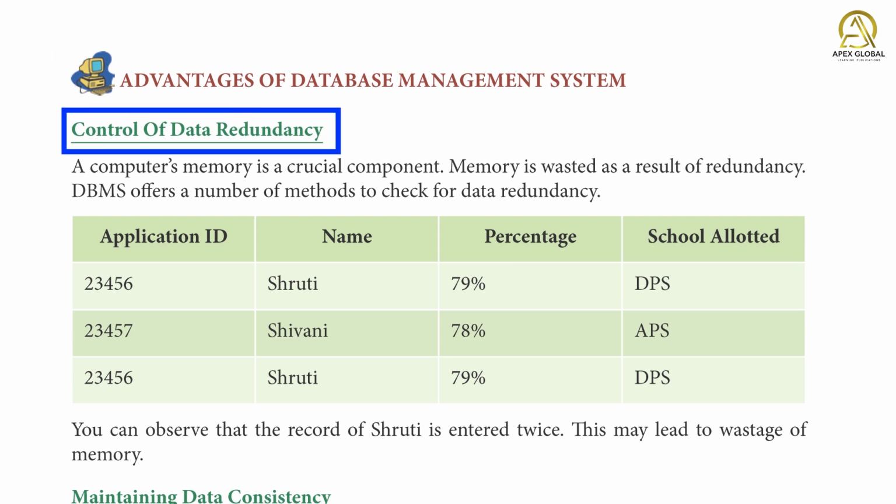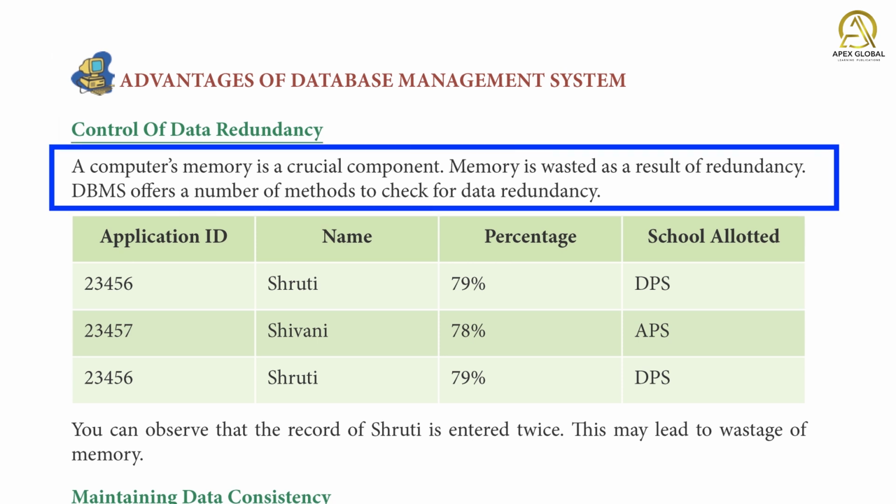Control of data redundancy. A computer's memory is a crucial component. Memory is wasted as a result of redundancy. DBMS offers a number of methods to check for data redundancy.